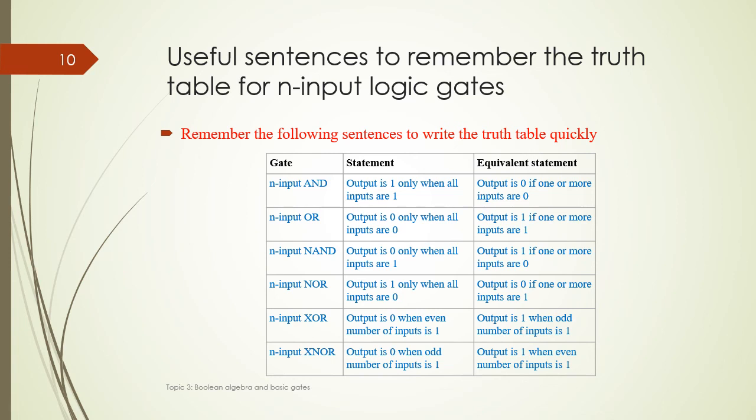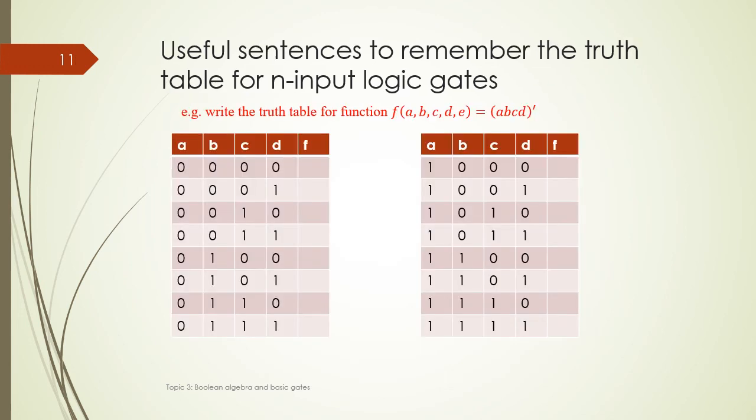Yeah, so if you can remember this table, I believe you will know the truth table for all those basic gates. Here is an example to show you how we can quickly use the sentences I showed you to fill out the truth table. For example, we have, I think I made a mistake here.